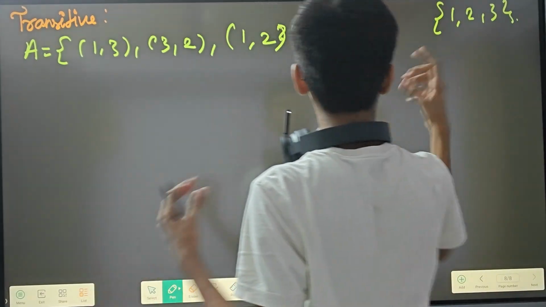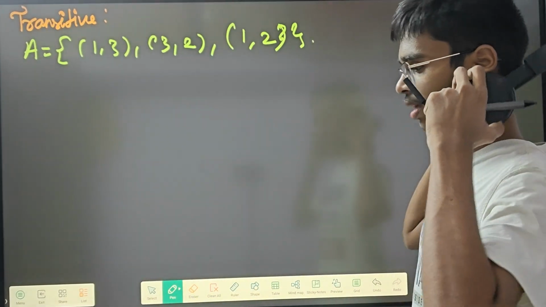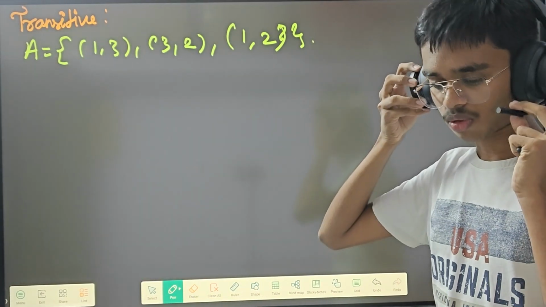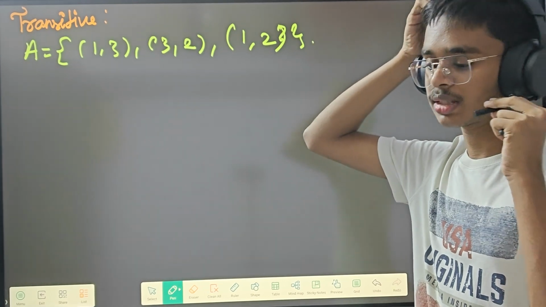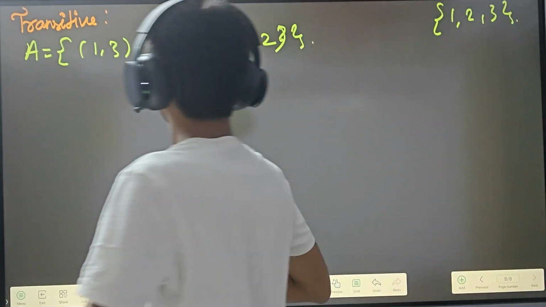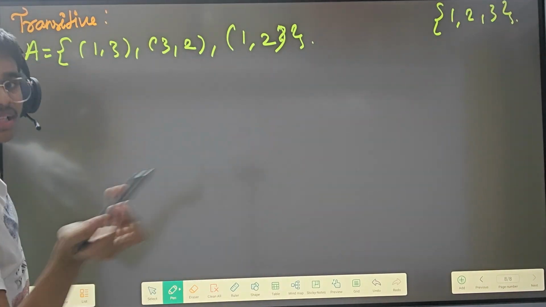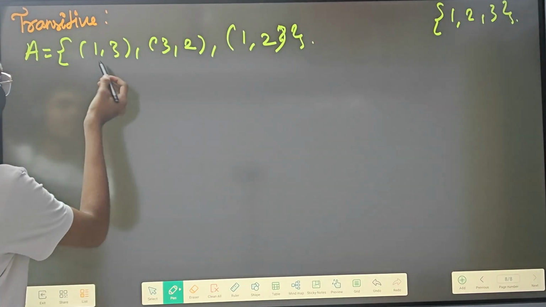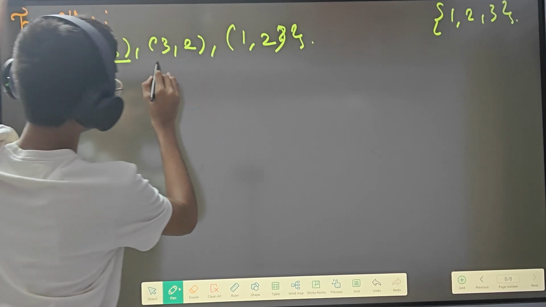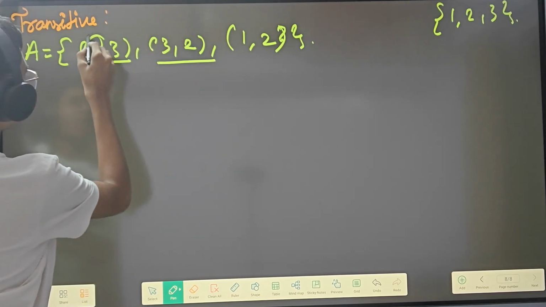See, you can see that it is there. Now this is actually transitive. Why is it transitive? You can see that there is 1 comma 3 and there is 3 comma 2, so there should be 1 comma 2.